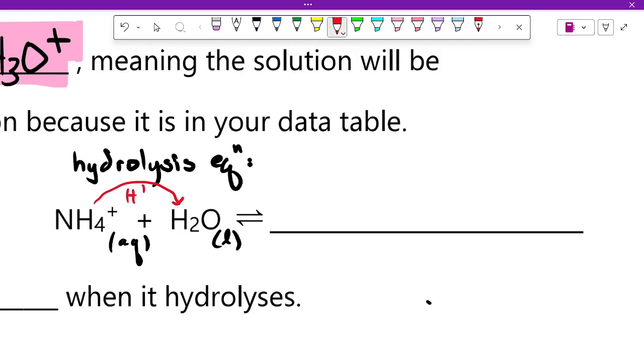So we're going to end up with NH3 plus H3O plus. Is this solution going to be acidic or basic? It's going to be acidic.